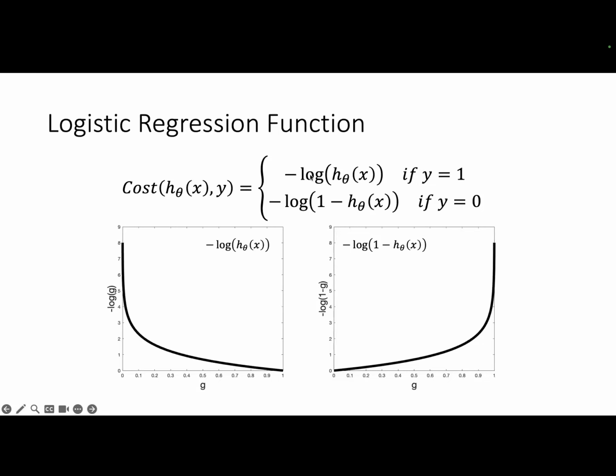Kasi tignan nyo, the cost function is equal to negative log of h sub theta of x if y is equal to 1. And then if y is equal to 0, then it's just equal to negative log of 1 minus h sub theta of x. Okay, so yung shape nitong log na ito is this. At yung shape nito is this.